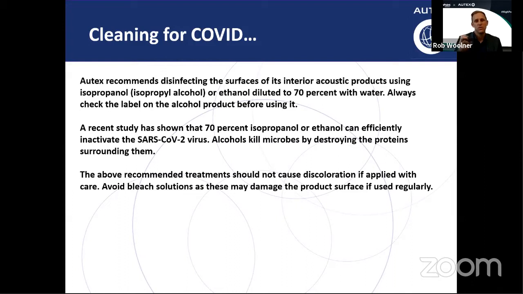This information all comes with our products, but it just gives you an idea, if you're having the conversation, that ethanol has been proven to kill the SARS virus, and that is perfectly okay to use with our products, as long as you follow the recommendations that come with our product.